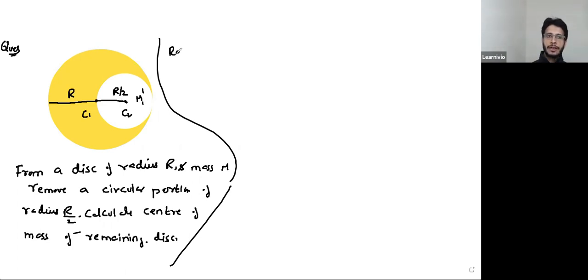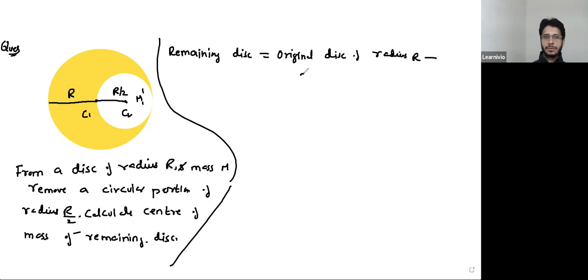So you can write this as that remaining disk is equal to original disk of radius r minus disk of radius r by 2.